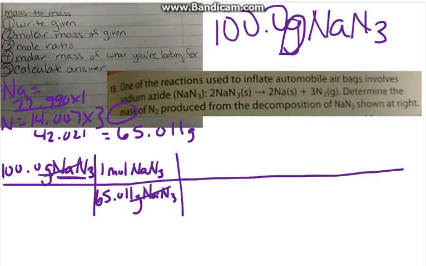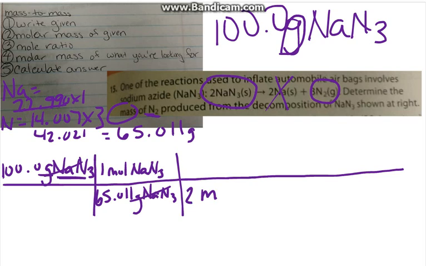Now, step 3, mole ratio. Remember, this is where it can be tricky, so you have to pay attention to what you're doing. I am dealing with NaN3 and N2. So I look at my equation, dealing with NaN3 and N2. I don't care about sodium right now. I need to figure out which one I put on top, which one I put on bottom.